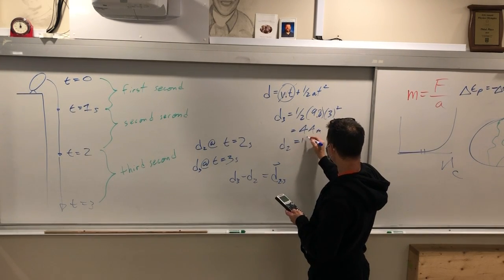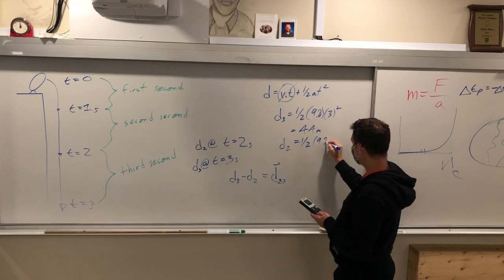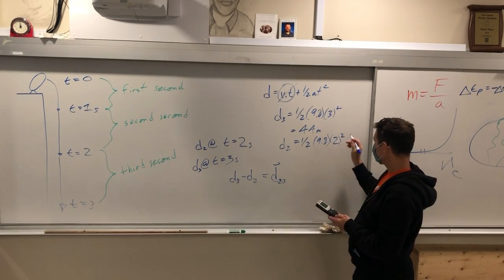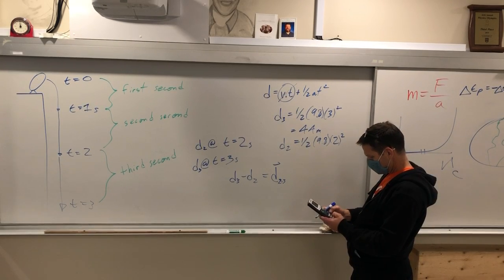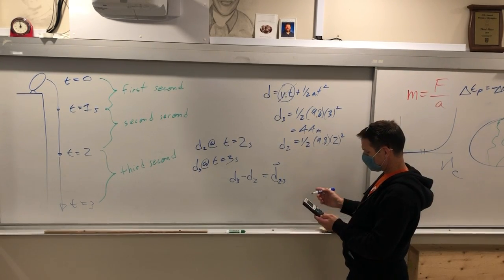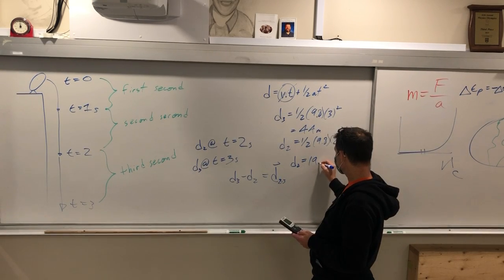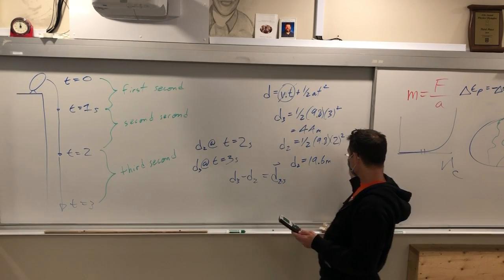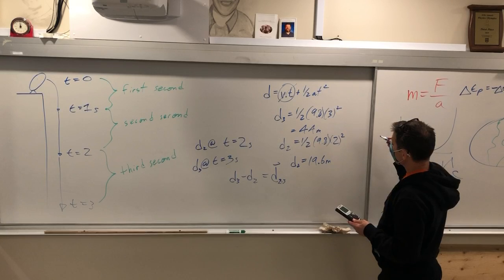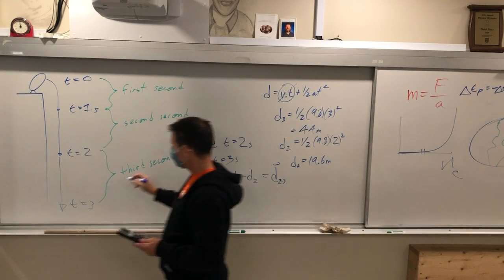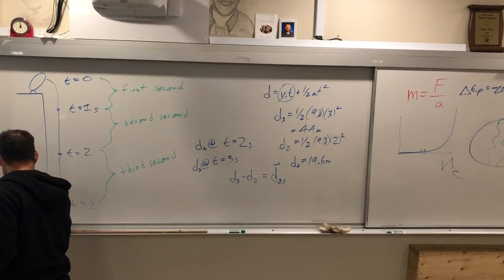d2 is going to be a half times 9.8 times 2 squared. So that's going to be 4 times 9. So that's going to be 19.6. And so at 3 seconds, you're at 44 meters down.